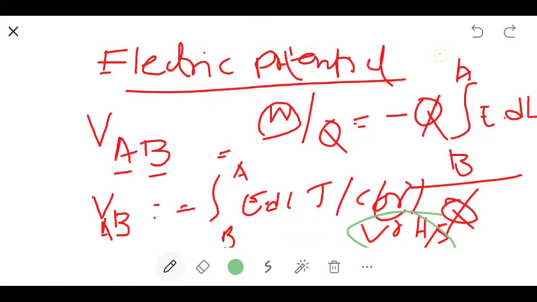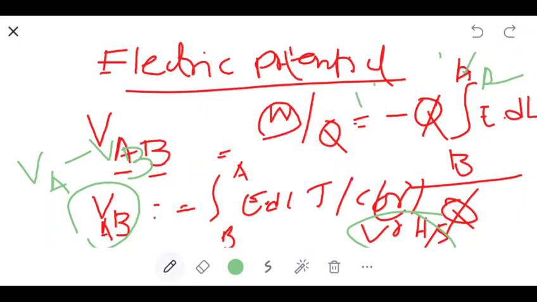That is VAB. How can you obtain it? VA minus VB, the potential at point A and point B. It is also known as VAB, written as VA minus VB, where VAB may be considered as the potential difference between the points A and B. Is electric potential a vector or a scalar?